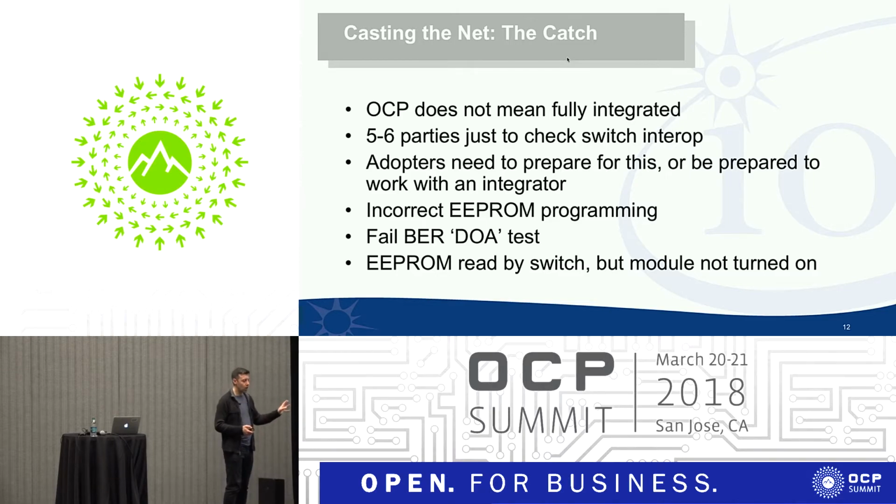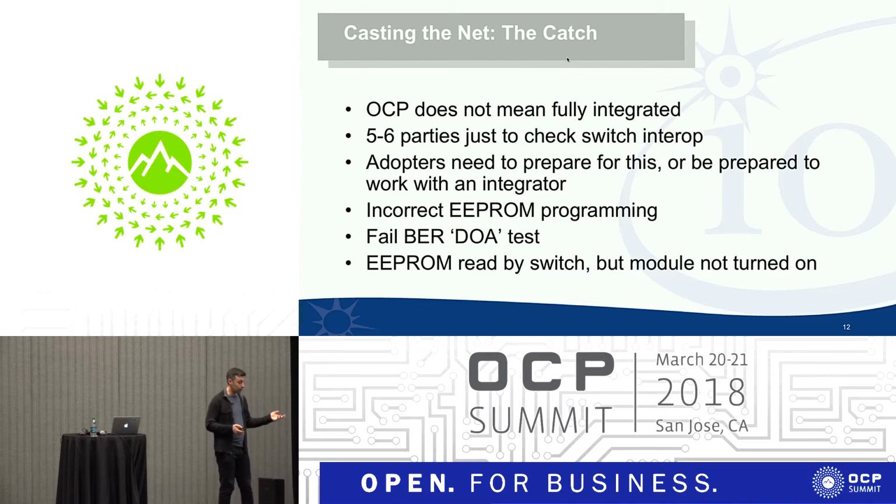Some of the things that we saw, simple things like incorrect EEPROM programming. So something was programmed as a 40 gig module when it was actually supposed to be a 100 gig module. Simple things like that. We saw cases where people failed the BER test, and so we're not going to take the next step and put them into our test network.